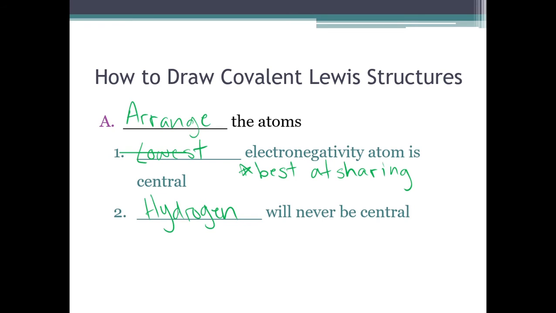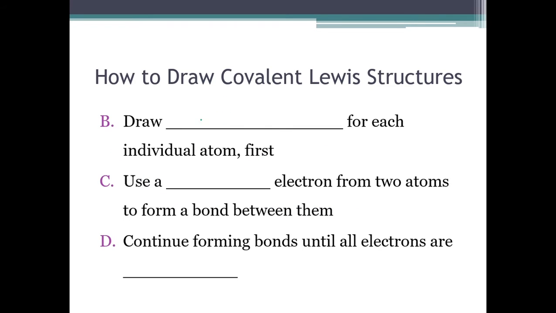So once you've arranged your atoms, you'll draw the Lewis structures for each individual atom. Before you try and connect anything together, you'll just draw each individual Lewis structure. And then once you have all of your Lewis structures drawn, you will use a single electron from two different atoms to form a bond between them.